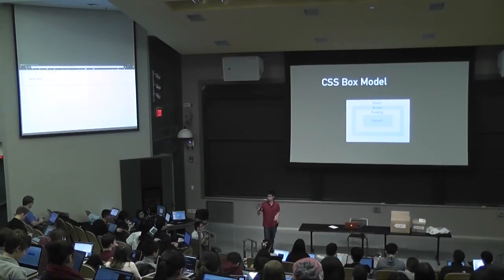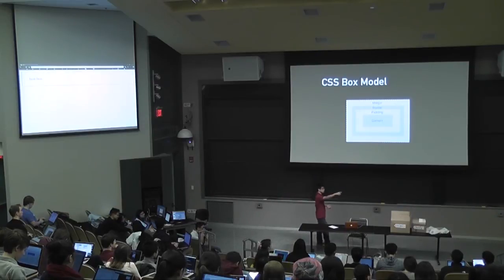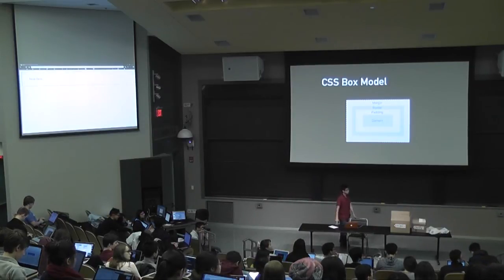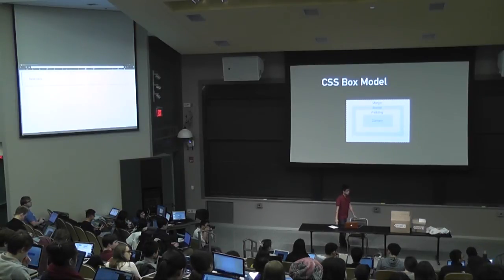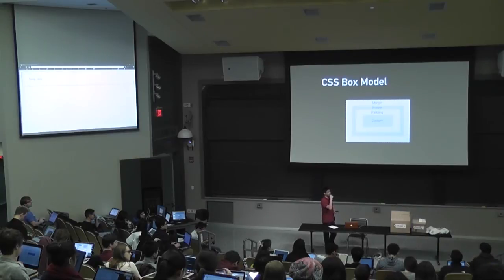Does anyone have any questions about this? Yes? So what happens if you want to display the content in the top left corner of the heading? In the top left corner of the padding.